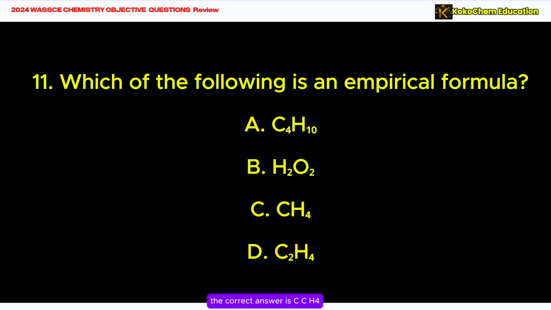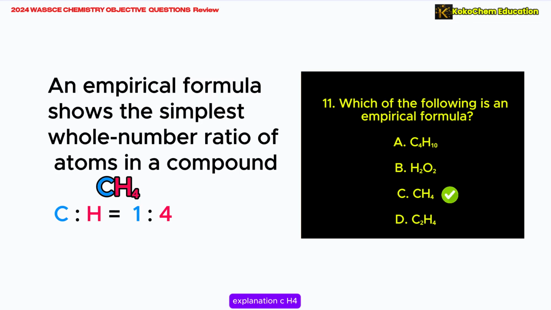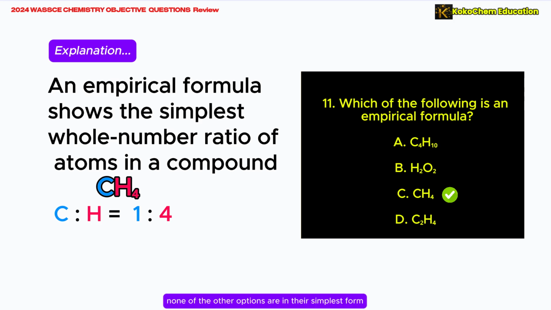The correct answer is C. CH4. Explanation: CH4, which is methane, is already in its simplest whole number ratio of carbon to hydrogen, which is 1:4. None of the other options are in their simplest form.